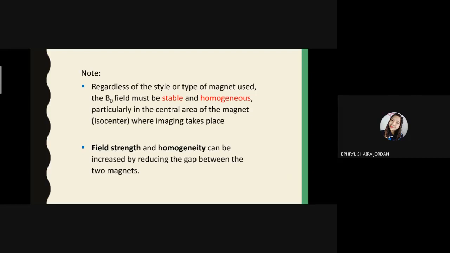So regardless kung anong type of magnet ang ginagamit sa isang MR system, ang pinaka-importante lang if you are going to have an MRI in an institution is that the magnetic field should be stable and homogeneous, especially in the center of the magnet.